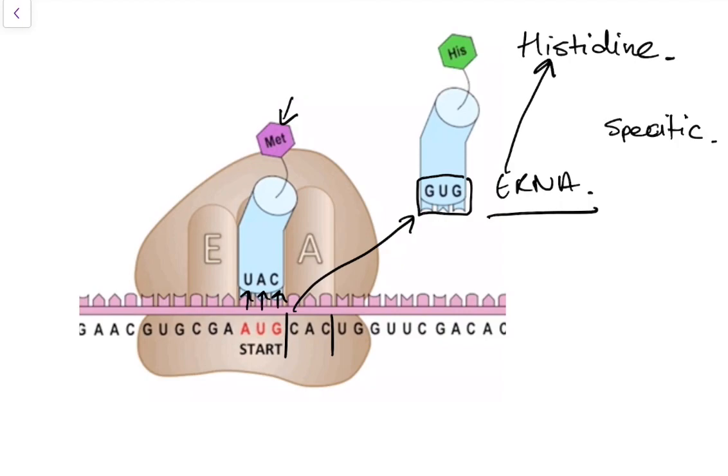amino acid on it. What the ribosome does is read 3 bases at a time on the mRNA. It will hold that in place and allow the correct tRNA, whatever it is, to come in. We get another tRNA bonding and another. It will allow the correct tRNA with complementary base pairing to come and bind.